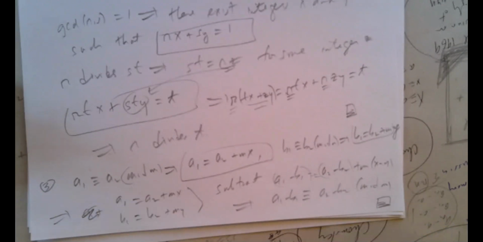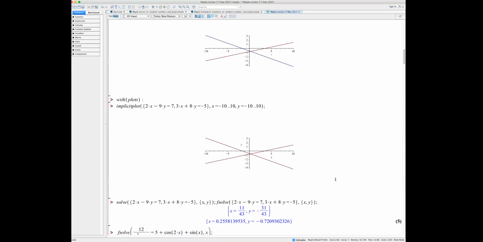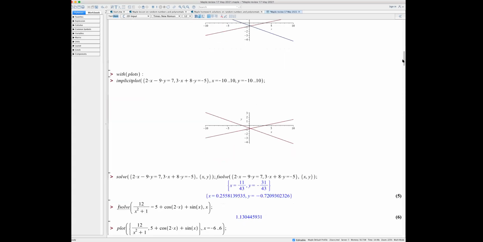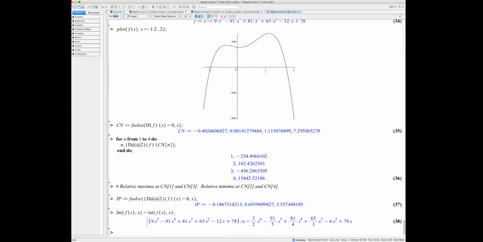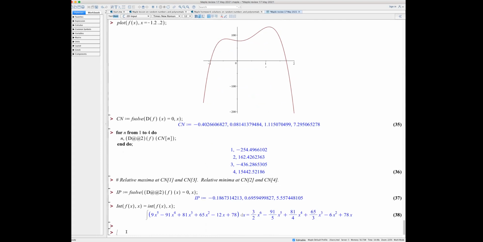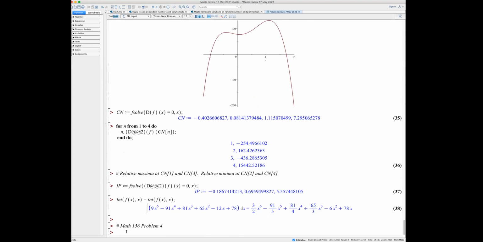So let me go back to the Maple worksheet. So math 156, problem 4. We have a function f.